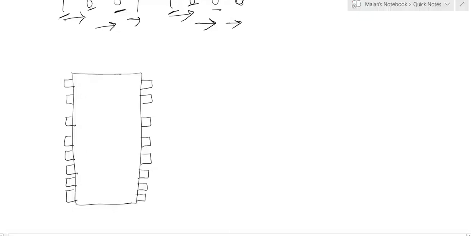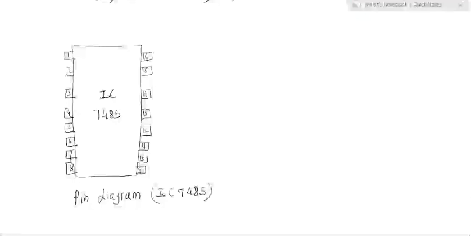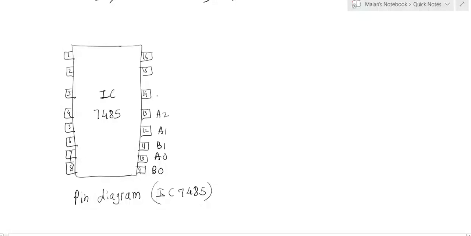Pin number 9 is connected to B0, pin number 10 to A0, then B1, then A1, then A2, B2, A3, and B3 is connected to pin number 1. Pin number 16 is connected to VCC, that is the logic 1 power supply, and pin number 8 is connected to ground.